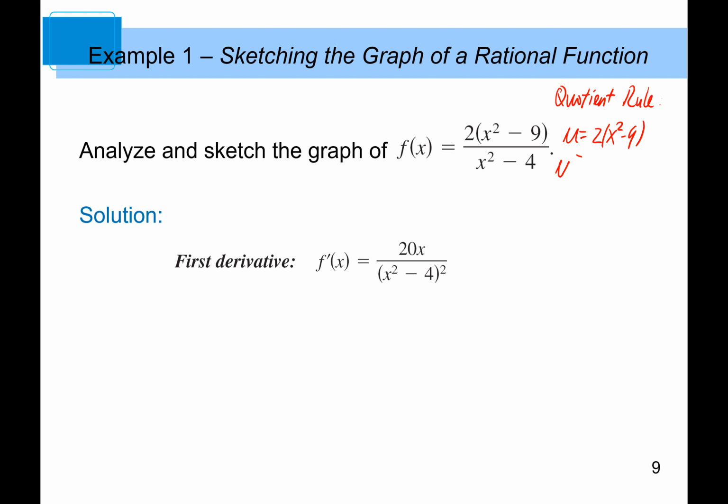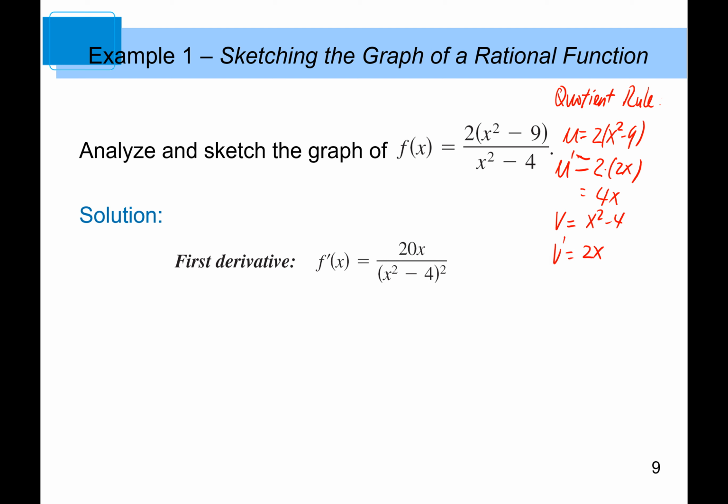So u prime is equal to 2 times 2x, right? Which is 4x. v equals x squared minus 4. v prime is 2x.